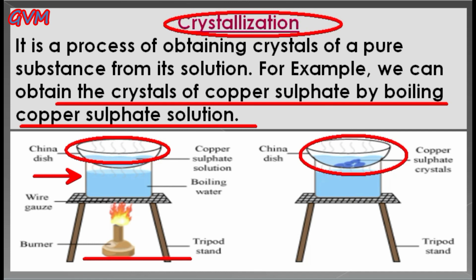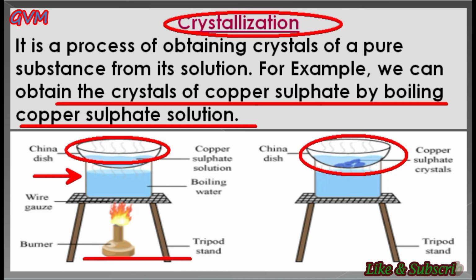Then, after heating the copper sulfate solution for some time, when you leave it for cooling, you will observe some bluish colored crystals in the solution. These crystals are the copper sulfate crystals, and that's how we can get copper sulfate crystals from copper sulfate solution.